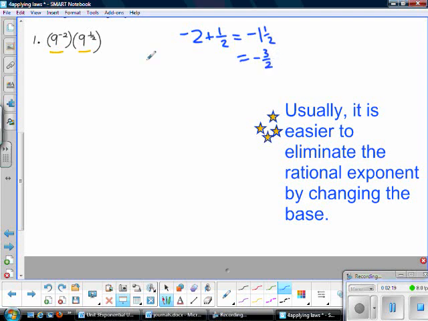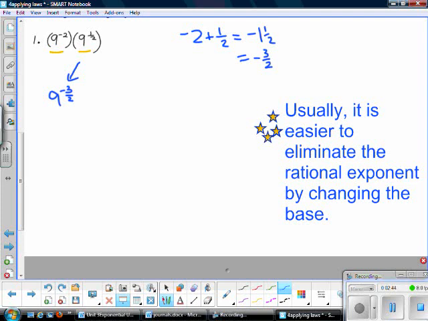So I could change this question, and I'm going to do it 2 different ways. The first way is by doing the multiplication. I could go 9 to the power of -3/2. Now what I'm left with is I can change everything so that I can get rid of that rational power.